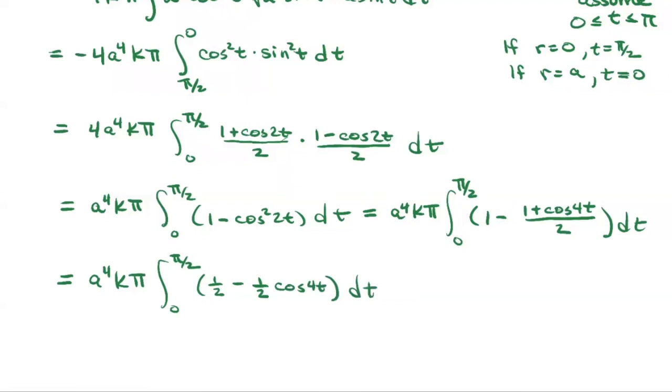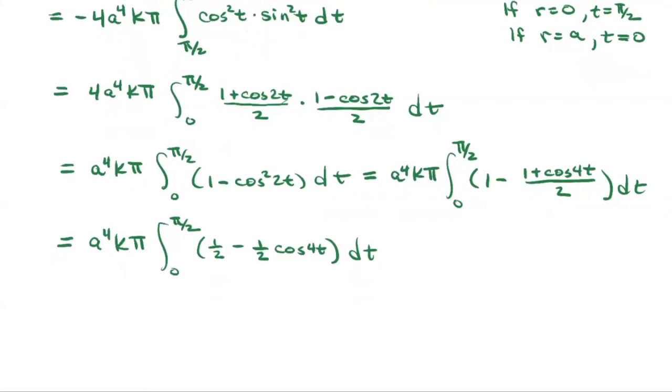Okay, any questions? That looks pretty easy now. Antiderivative of cosine is sine, so we're just going to have a to the 4th k pi, and then we'll just have a half t, where t goes from 0 to pi over 2.